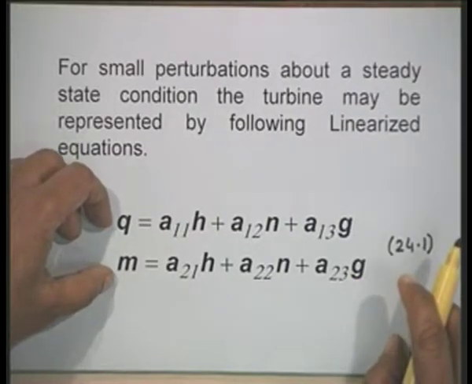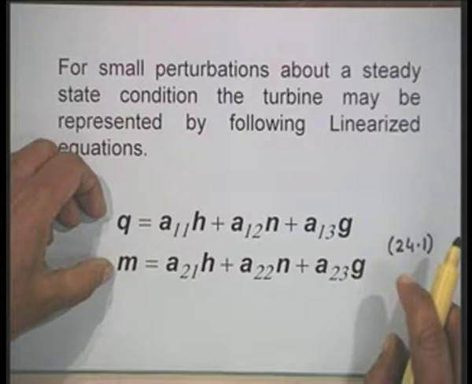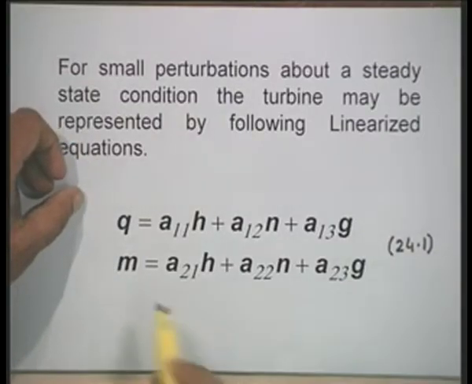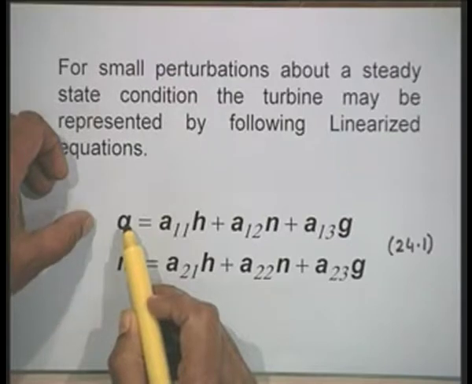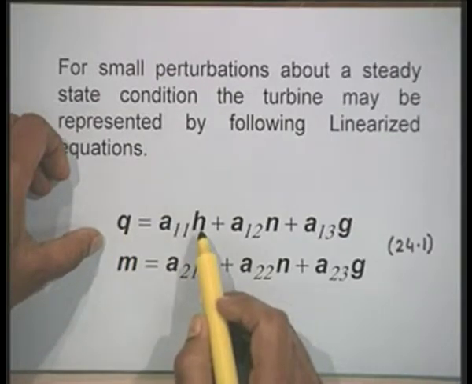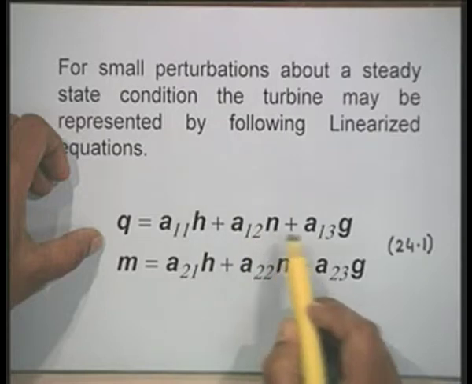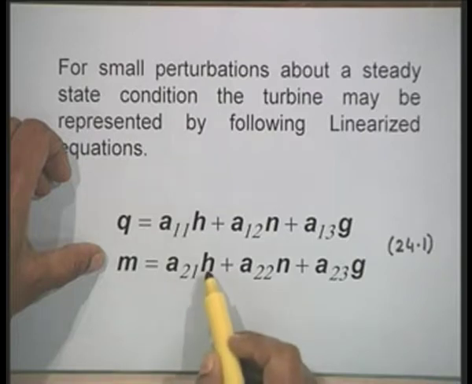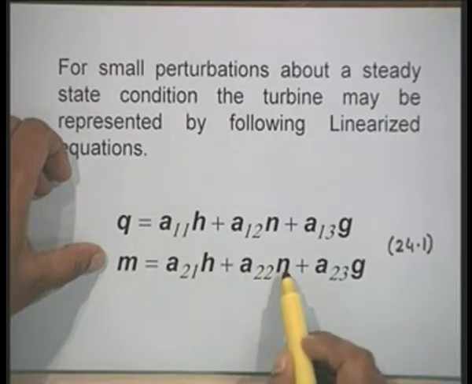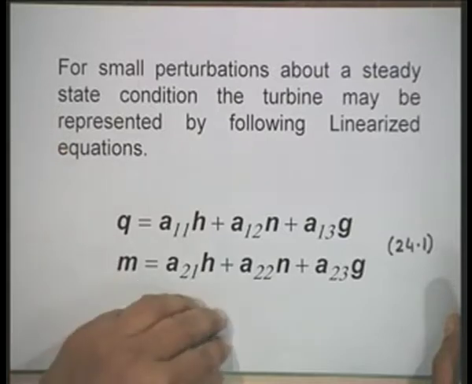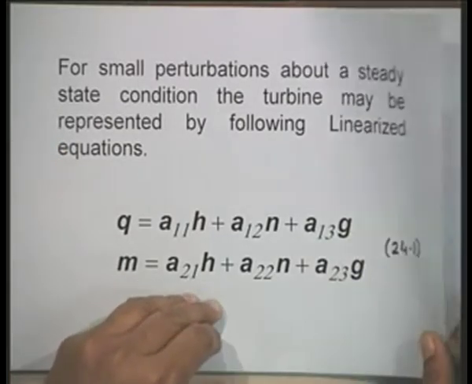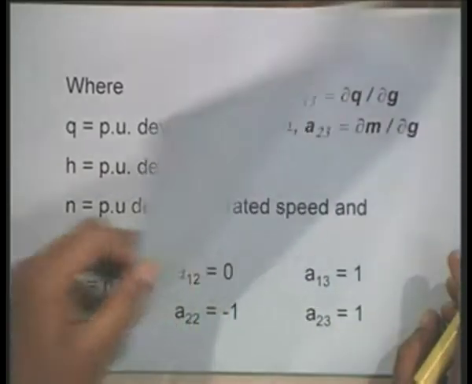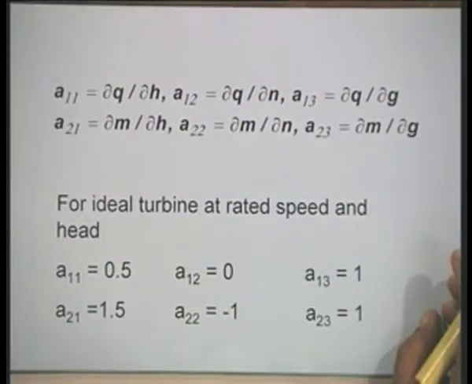These are the two algebraic equations which relate the small change in the water flow following change in head, speed and gate position, and similarly the change in torque produced. Now, using these equations and the dynamics of the water flow in the penstock, a transfer function model for the hydro turbine is obtained.